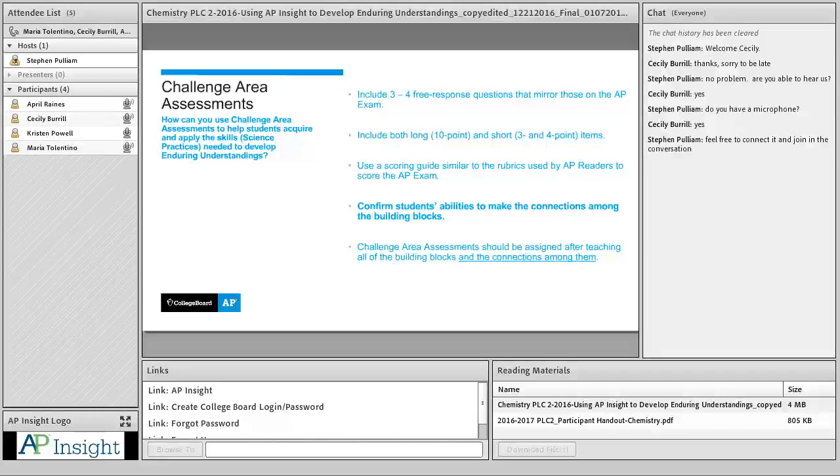When I do the challenge area assessments during the semester, they are motivated to really work on those questions, because it's preparation for my chapter test.